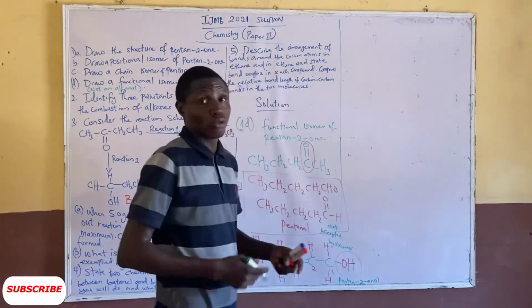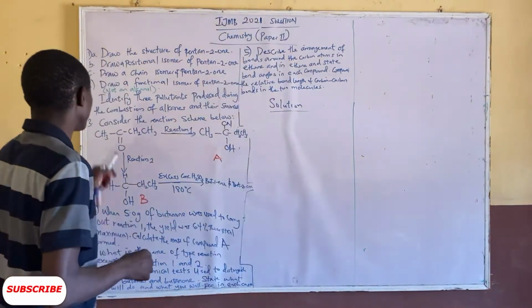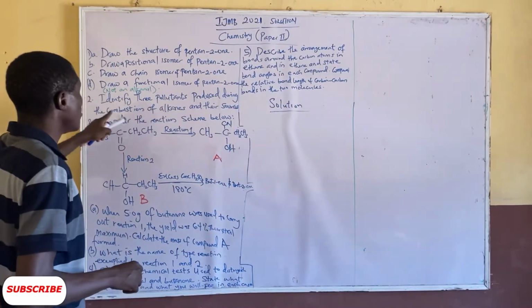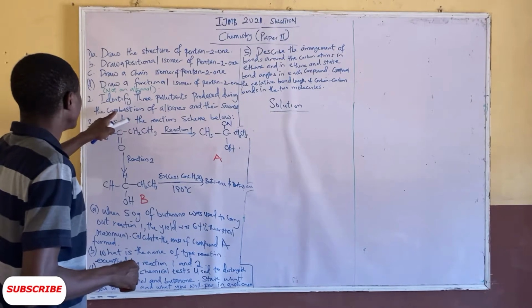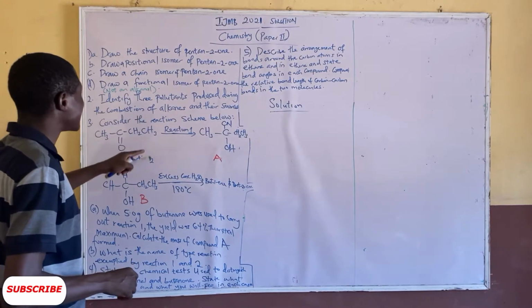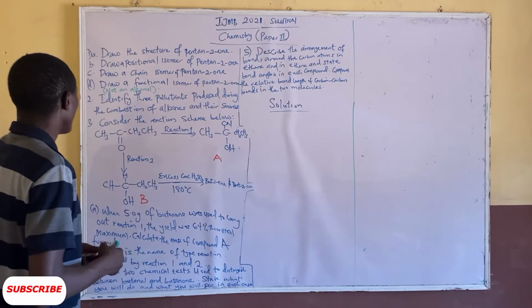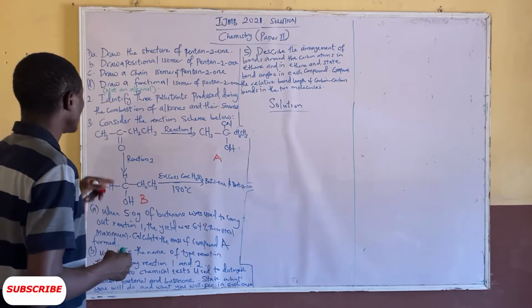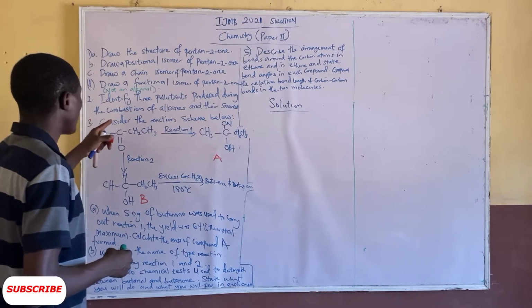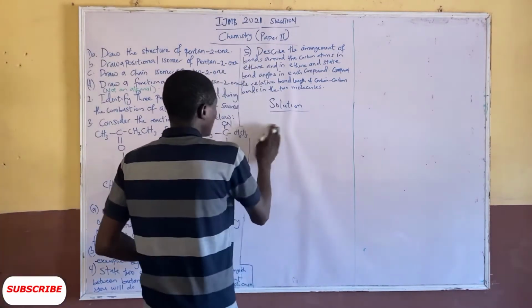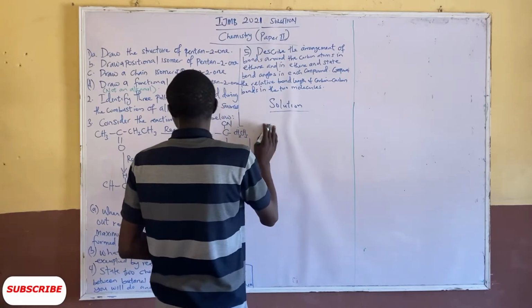So let's go to question number 2. It says identify the 3 pollutants produced during the combustion of alkanes and their sources. Now we are talking about combustion of alkanes.